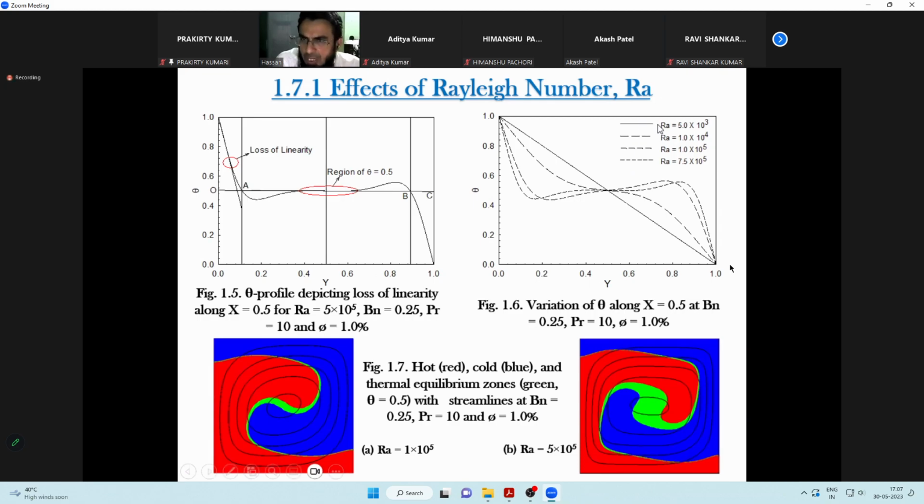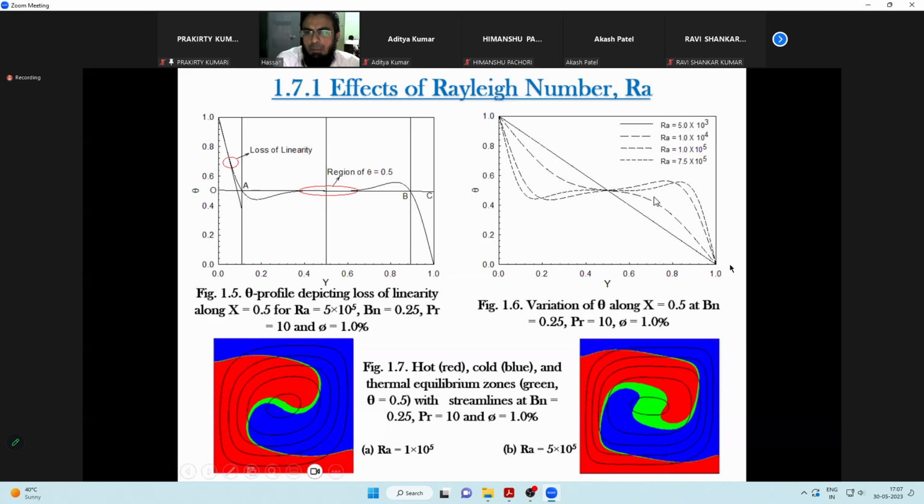Whereas as you increase the Rayleigh number, the discontinuity comes into the picture. The non-linearity gets strengthened as you increase the Rayleigh number. In fact, for Rayleigh number of 7.5 into 10 to the power 5, it is significantly non-linear, except at the ends and slightly in the middle.